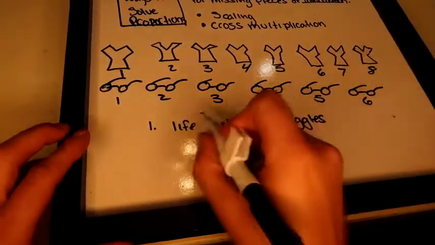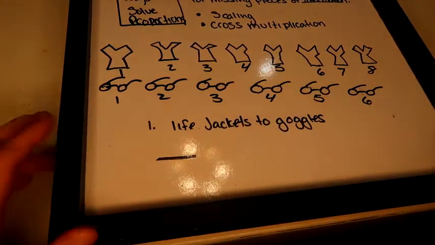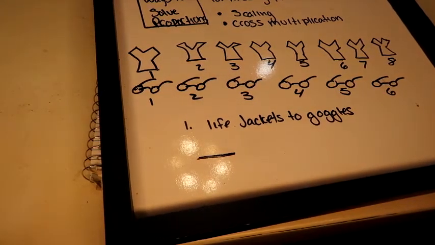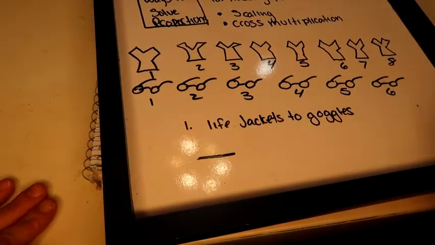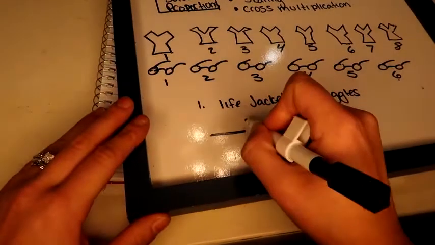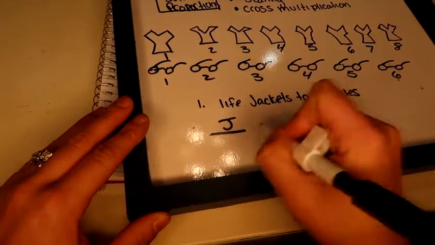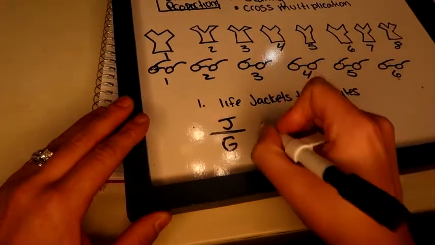Now, what we're going to do is we're going to set up a bar. Okay? And we can call this a fraction bar, a proportion bar, but just set up a bar. And we're gonna figure out how many jackets there are to goggles. So let's put J up top and G for goggles on the bottom.